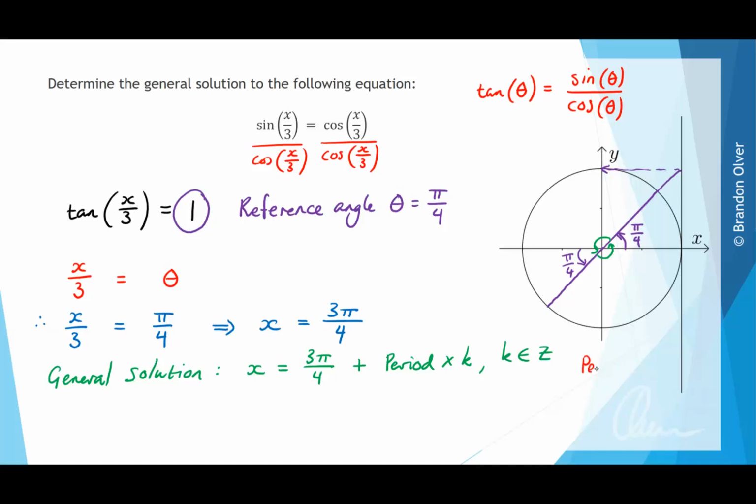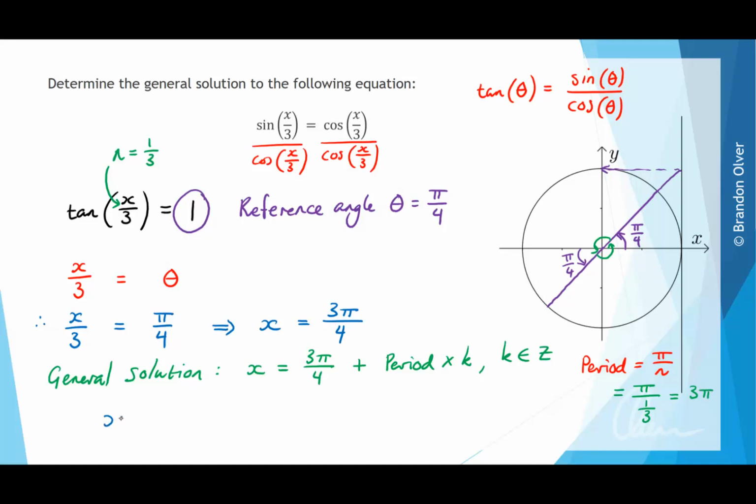So the period of any tan graph is equal to pi divided by n, where n is the value that's multiplied by x in here. So in this case, n is equal to 1/3. So that means our period is equal to pi divided by 1/3, and that simplifies down to 3 pi.